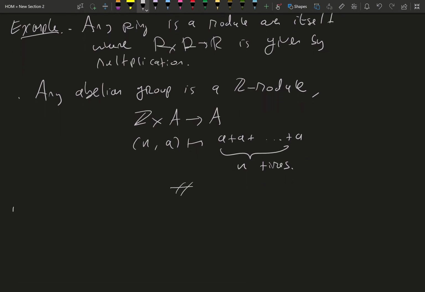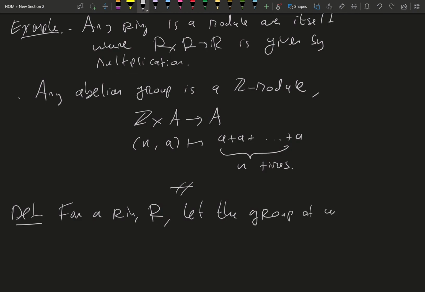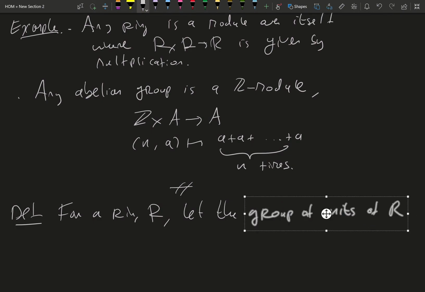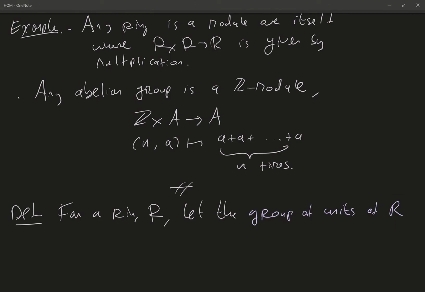So now, to make the connection to linear algebra, we're going to introduce the last definition, namely for a ring R, let the group of units of R be defined as follows.